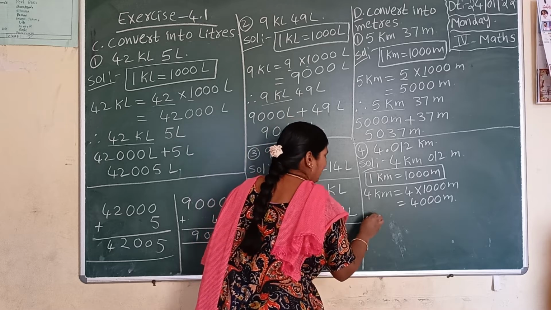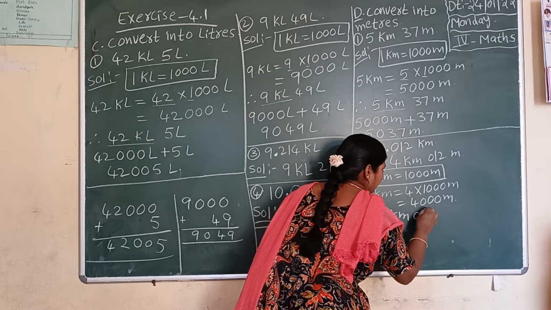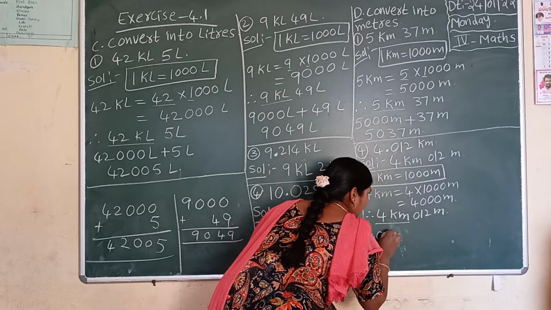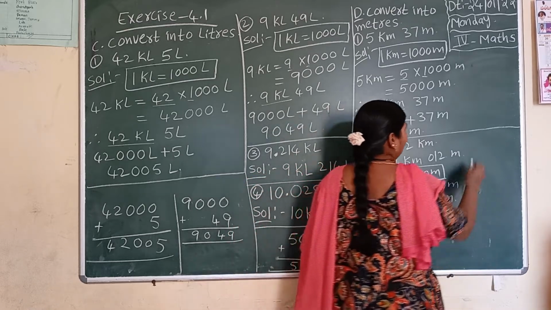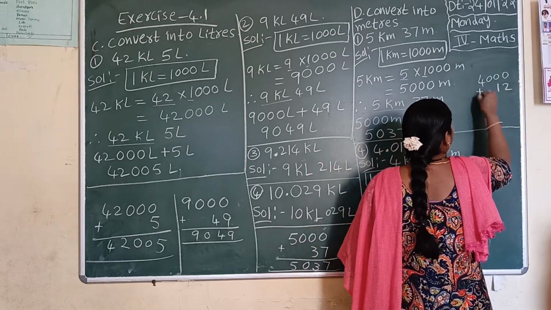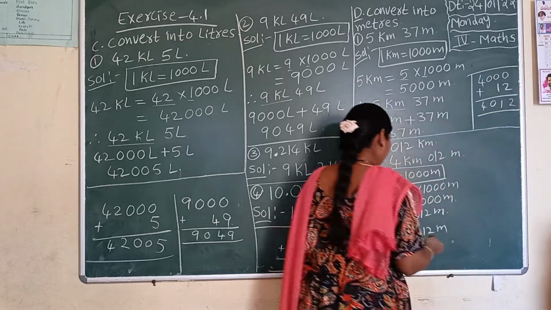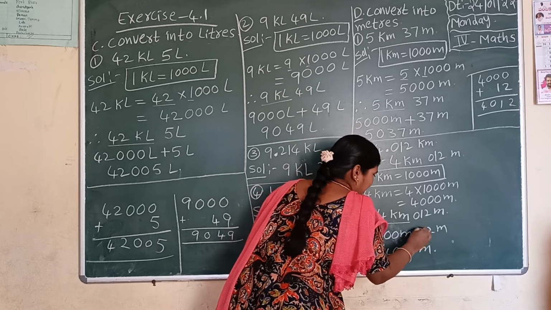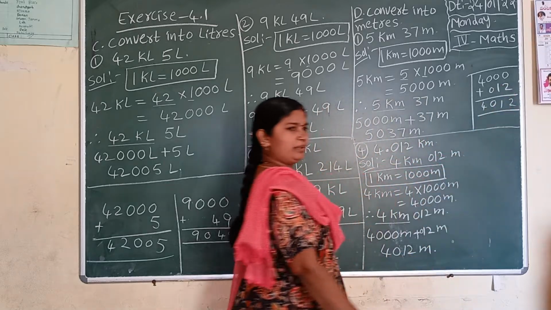Now write down the total given. 0 keep means 0 only is coming in the answer.